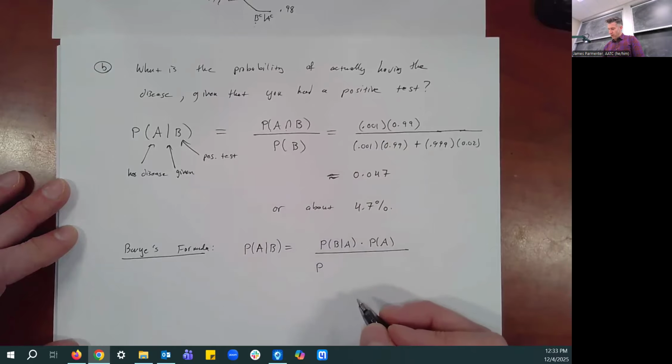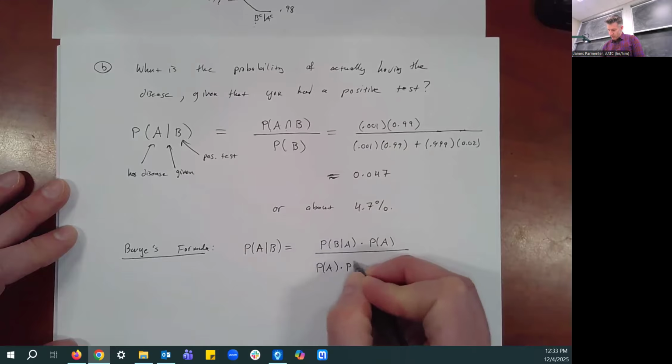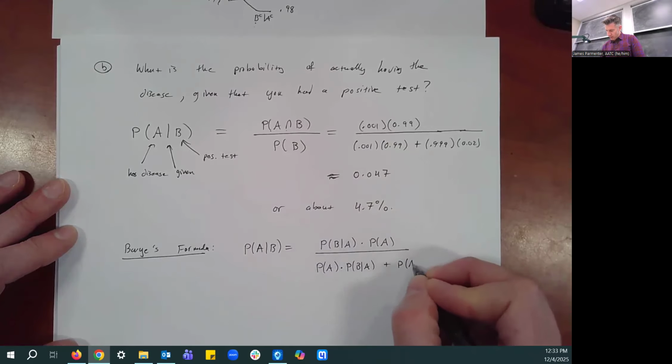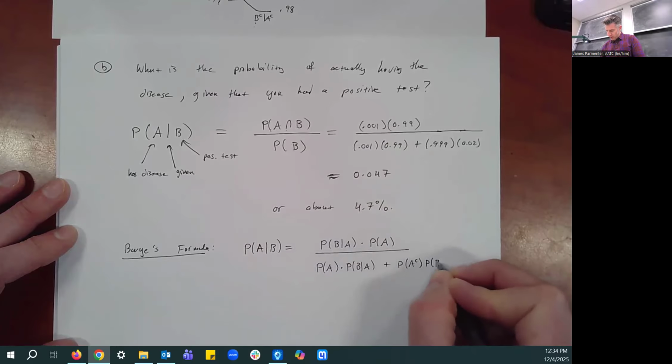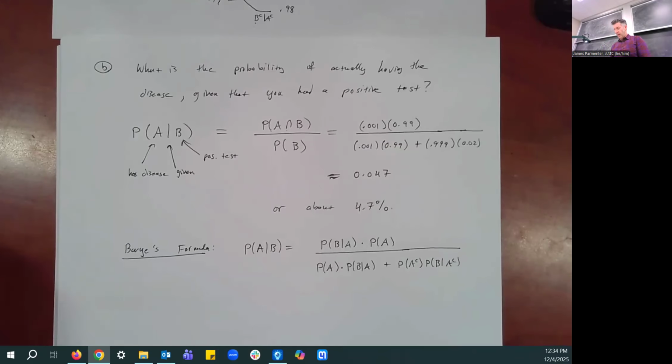I kind of wrote those out of order. Oh well, it doesn't really matter. Probability of A times the probability of B given A plus the probability of A complement times the probability of B given A complement. That is Bayes' formula.